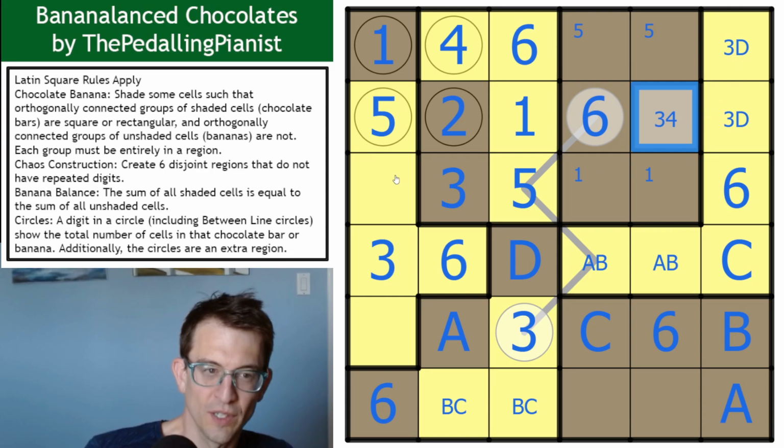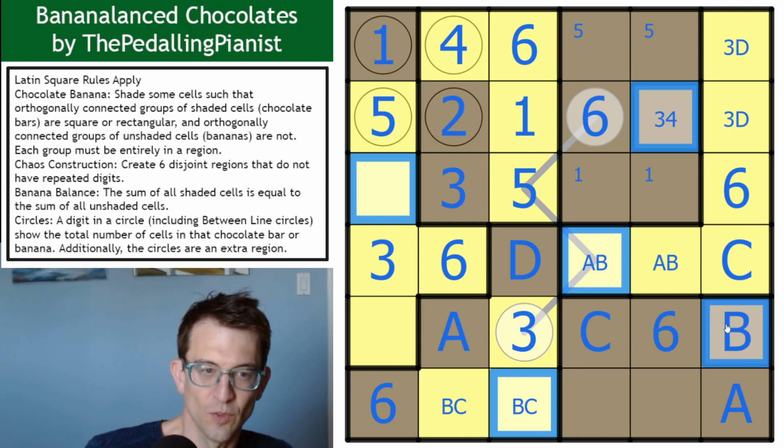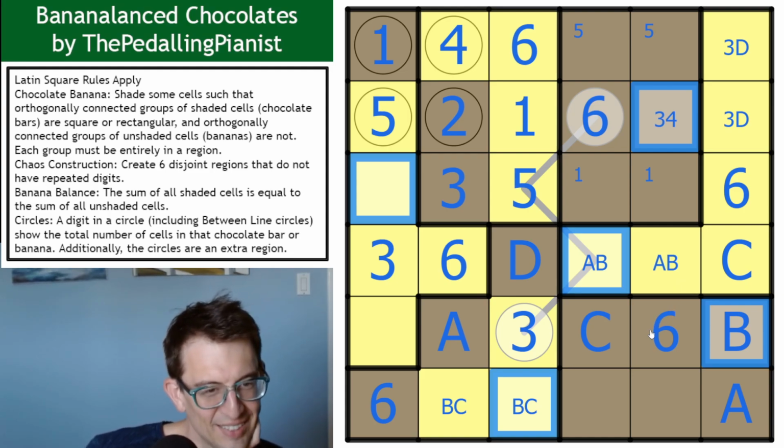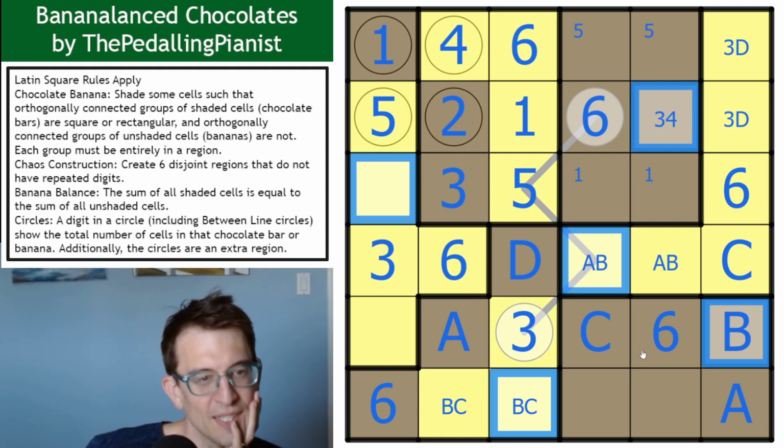If this is 4, this is 4. And D is 2, so this is 4. This is 4. This is 4. So if that's 4, it's B. That fits. I don't understand. I don't understand.